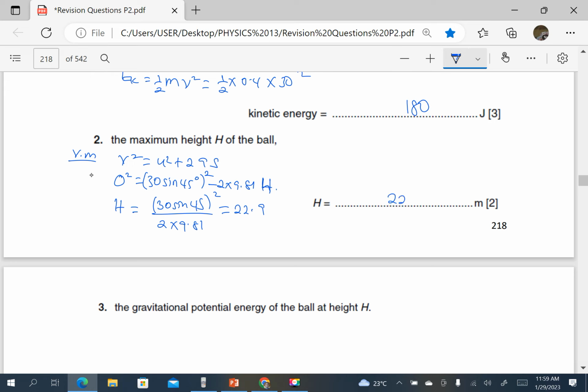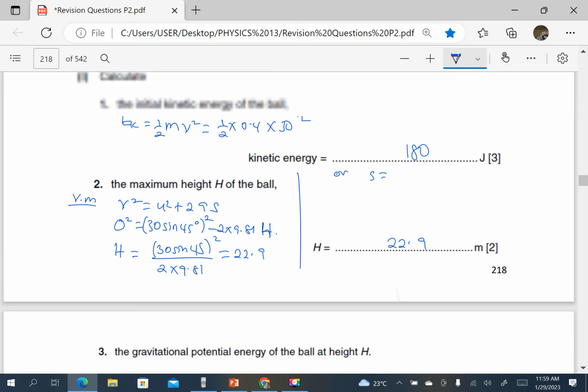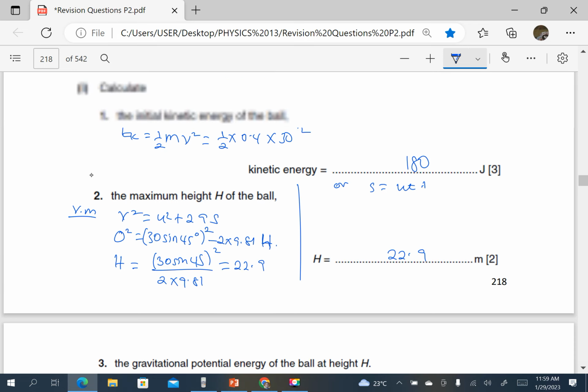So this is 22.9. Another student would use s equals ut plus a half at squared. I'll use that one also. I am going to only consider when it is falling from the top, in the vertical, starting from the top, where the initial velocity in the vertical is 0 because it momentarily stops.